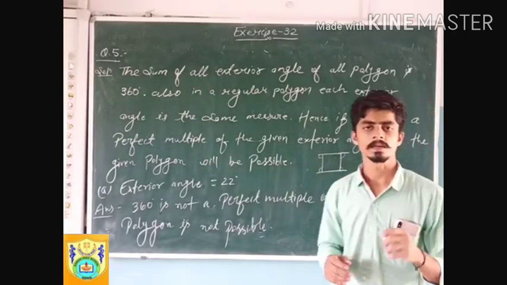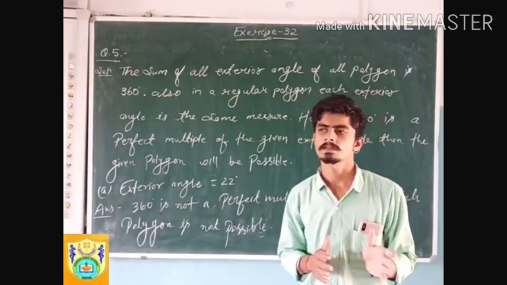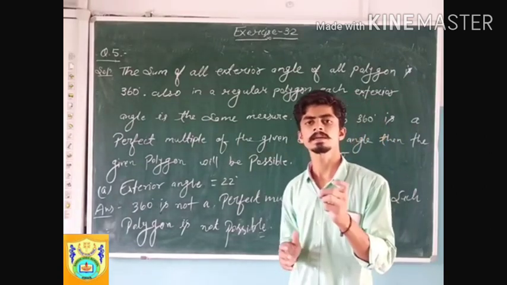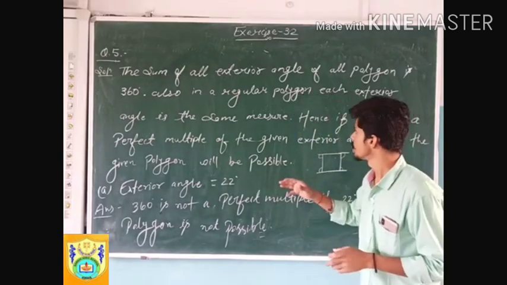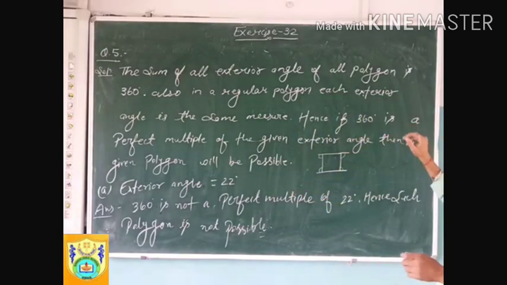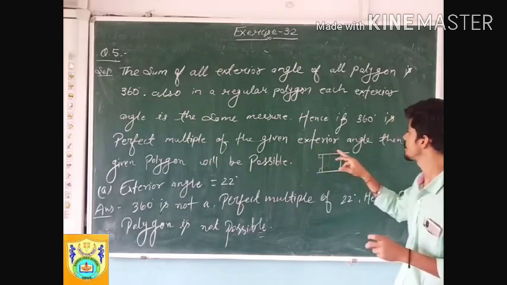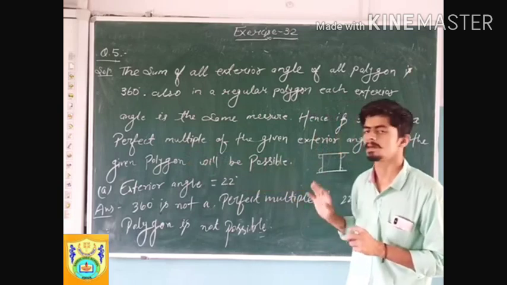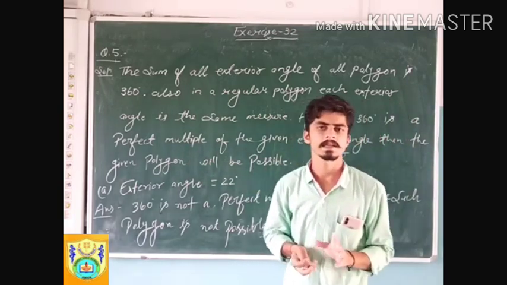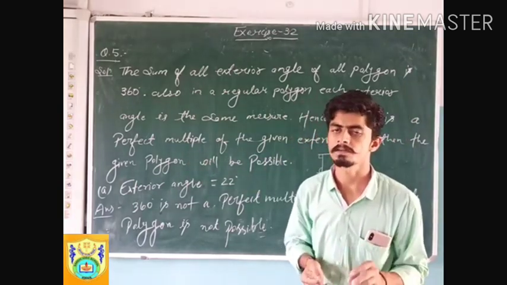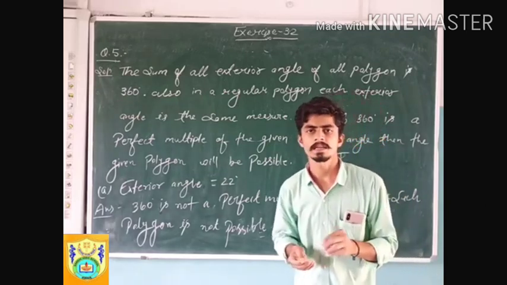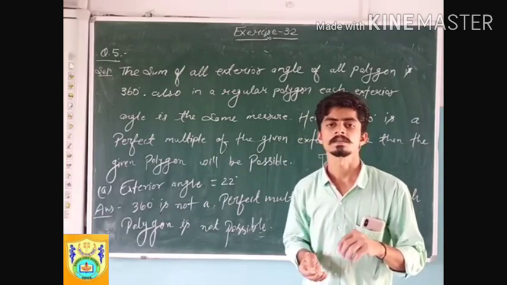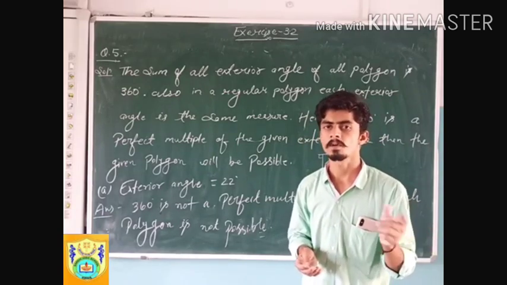If the polygon is regular, that means equal sides and equal angles, so each exterior angle will be the same, and hence if 360 degrees is a perfect multiple of the given exterior angle, then the polygon will be possible. So if the exterior angle divides 360 perfectly, then the polygon will be possible.